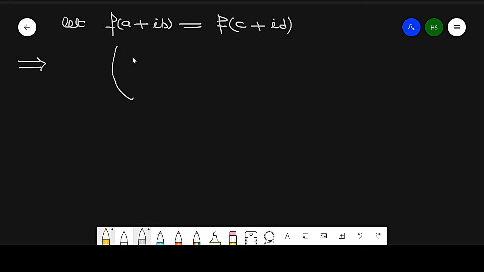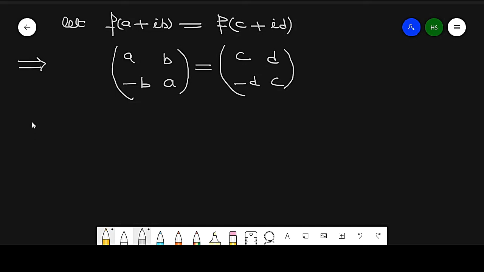So for 1-1, F of A plus iota B equal to F of C plus iota D implies the matrix (A, B; -B, A) equals (C, D; -D, C).